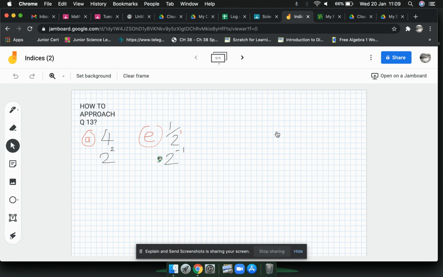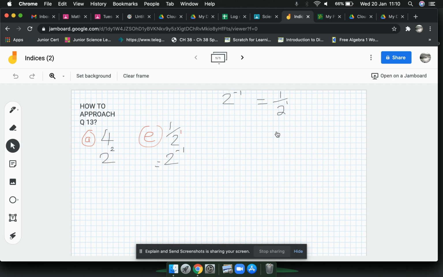Why? Because remember, when we encountered anything like 2 to the power of minus 1, the law of indices is that that's the same as 1 over, and you can change this indice to become a positive, so 1 over 2 to the power of 1, which is the same as a half. It doesn't matter what number I have.